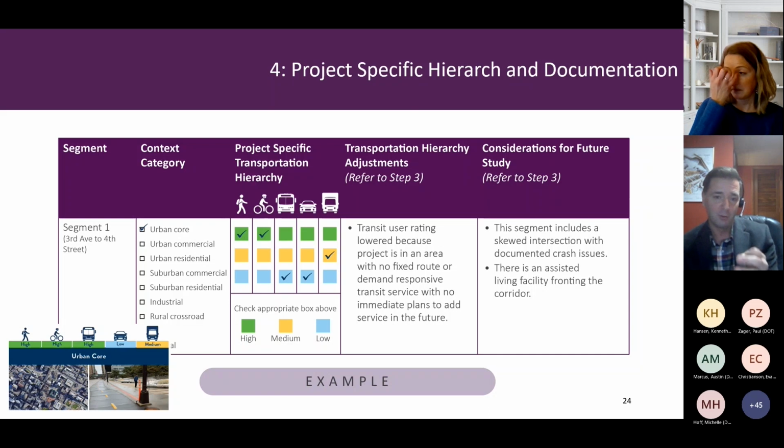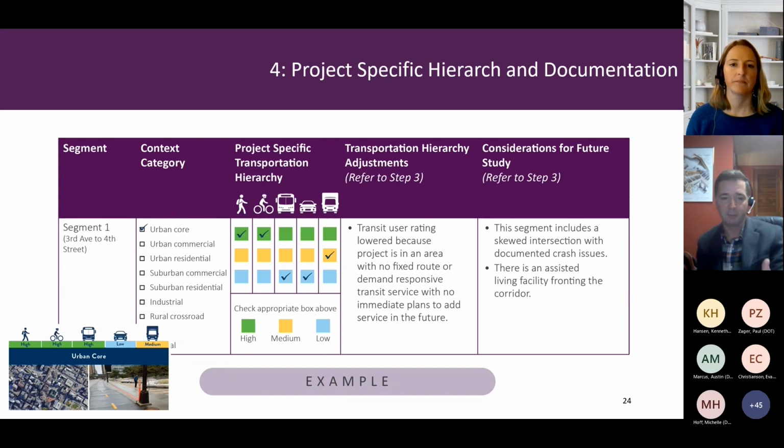And then why? What are the bullet points you see for why you're making any changes? And what other considerations are there that you want to keep with the record for this project? And it's noteworthy that this happens based on segment. So throughout a given project area, Sonia had that Mora example. There may be 2, 3 different transportation land use context types.